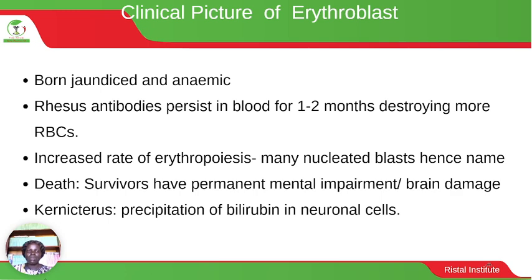They increase the rate of erythropoiesis, and in this case, many nucleated blasts, hence the name erythroblast disease. When we talk about erythropoiesis, we are referring to the process by which the red blood cells are being formed.